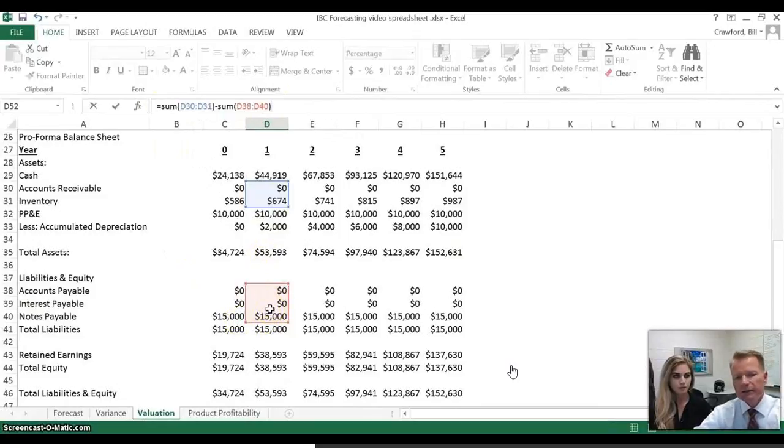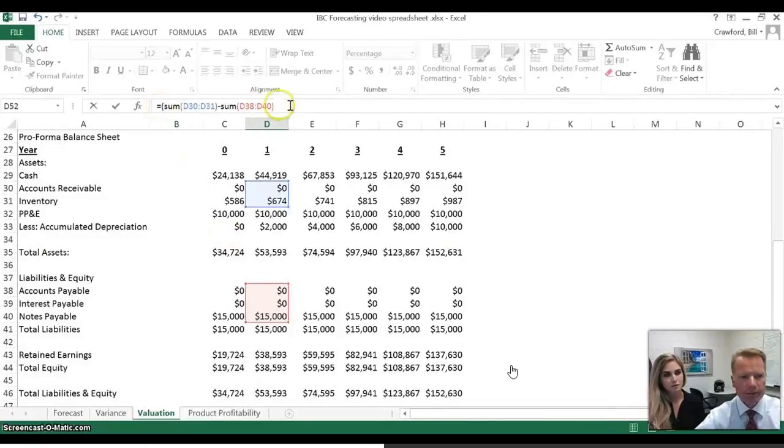We're assuming in this model that we're going to pay off this interest every year. So it's not that we don't have an interest expense. You'll know from our income statement we do have an interest expense, but we're going to pay it off. So we used cash to pay off the interest, and that reduces our cash flow.